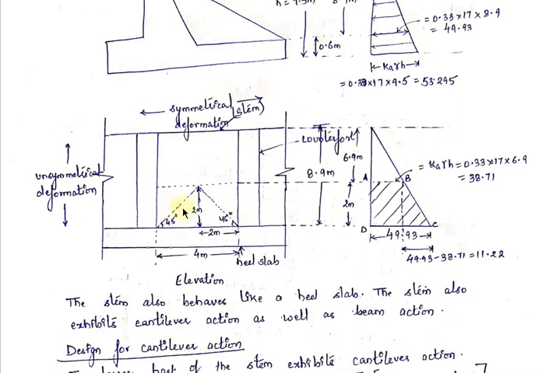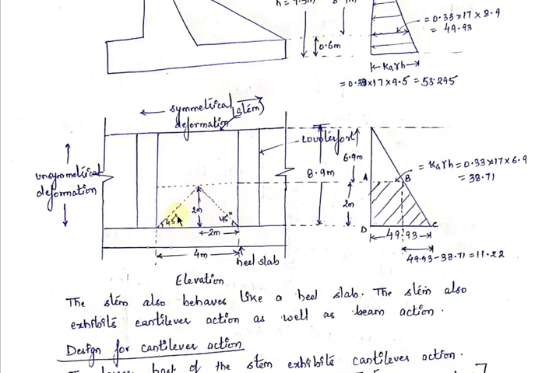Now we need to see how much load will contribute to the cantilever action. In order to find the load which will contribute to the cantilever action, draw yield lines at an angle of 45 degrees. If you draw a line at 45 degrees from here and here, they will coincide at a height of 2 meters. It is basic geometry.